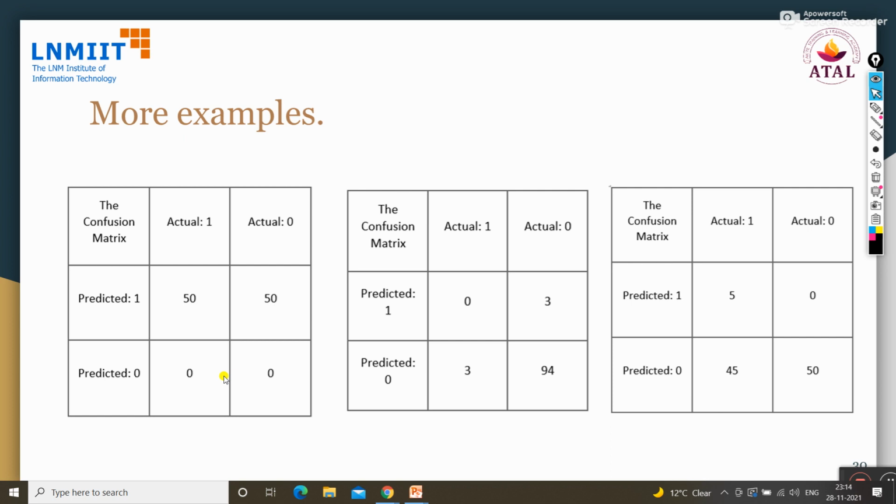This is the perfect model, I would say. The second one will be a very poor model because true positive is 0. So it will give precision 0 and recall 0, and F1 score will also be 0. So the closer to one, the better.